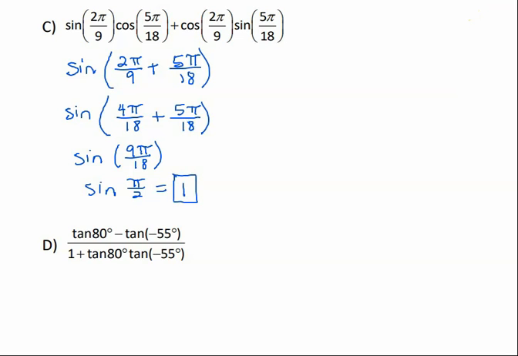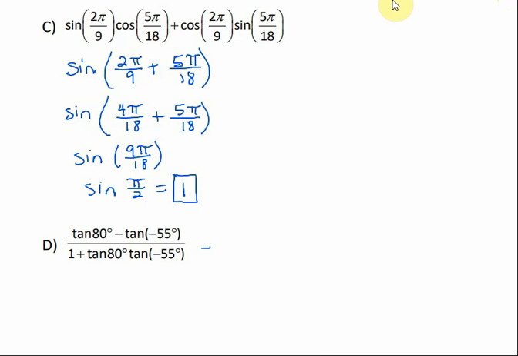All right, for the tangent identity, tangent is like sine in that whatever this is, it's the same sign as what we're trying to find. So we're going to be subtracting this time our tangent values.